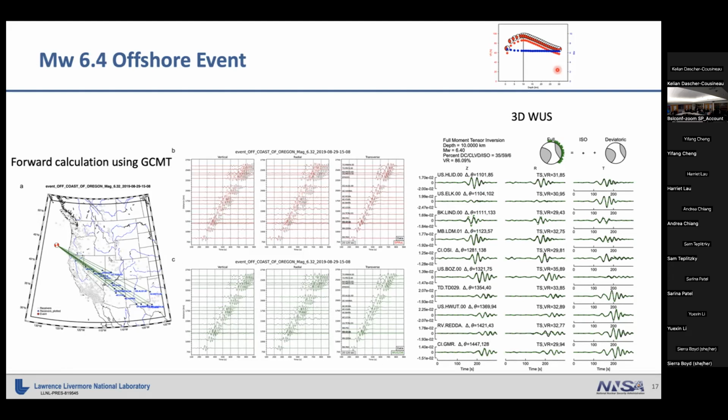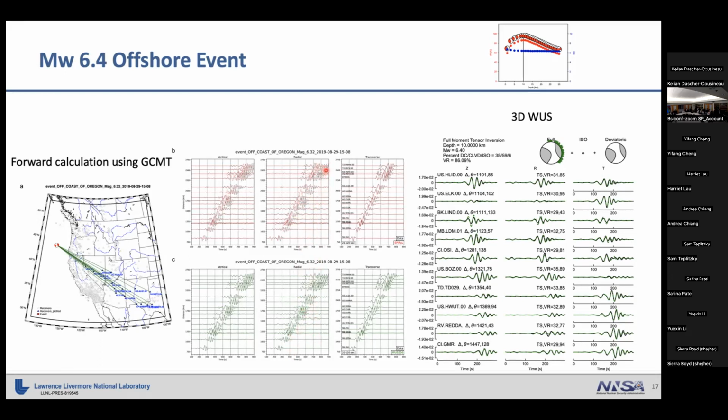Yeah, so this is one of those events, one of the larger ones. Before I talk about the inversion results, if you look at just comparing to the SPiRaL model, which is a 3D global model based on travel time and surface wave dispersion, you can see the difference. The red lines here are SPiRaL, and the green lines at the bottom are WS256.